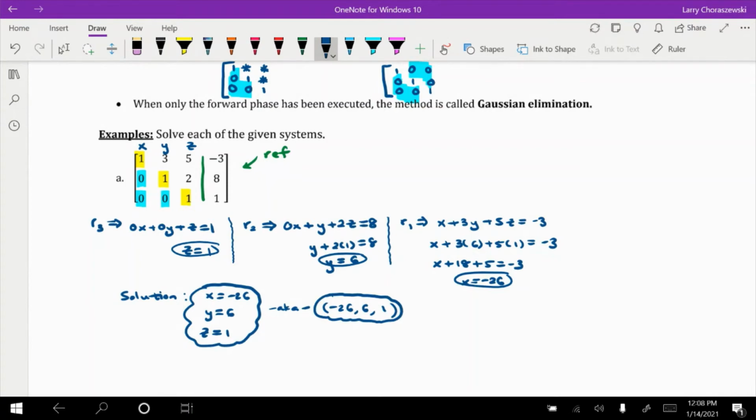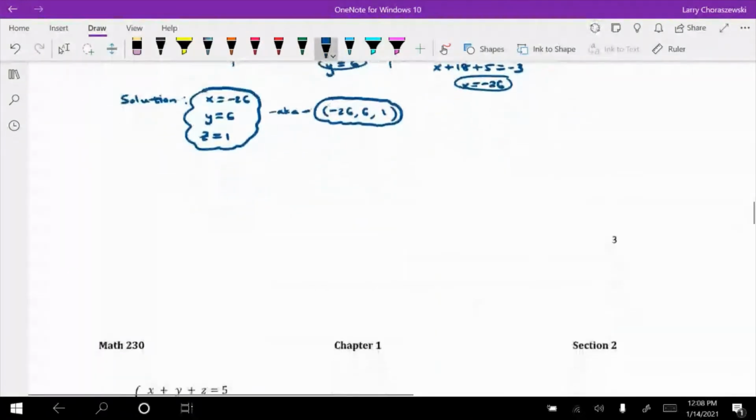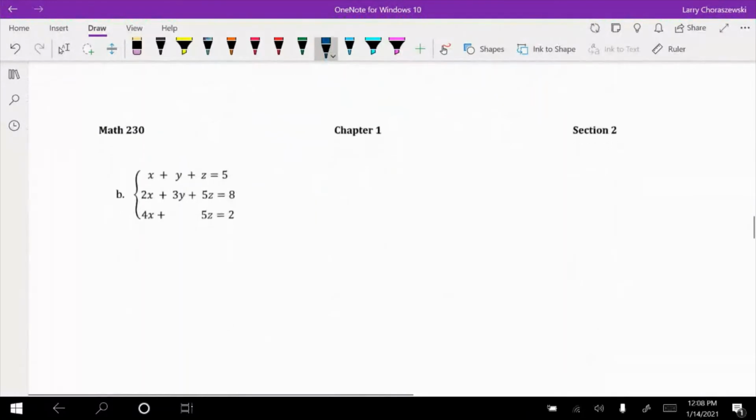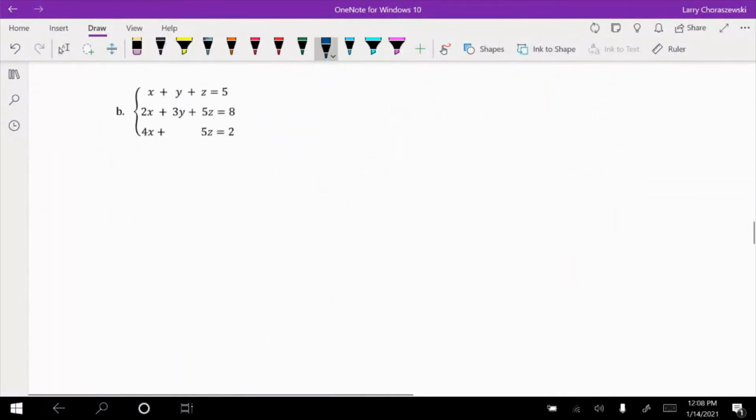For the next example, I would like us to go the whole nine yards and put an augmented matrix in RREF format. Here our linear system is presented to us already in equation format.